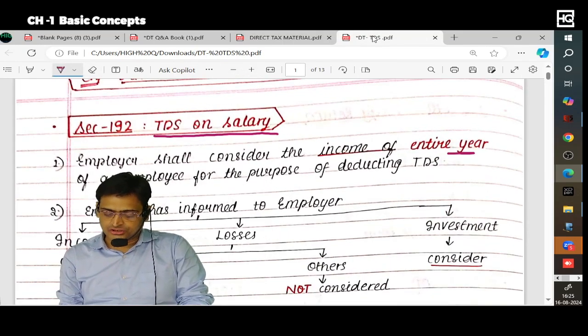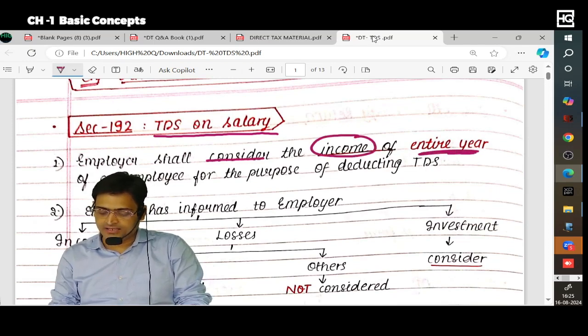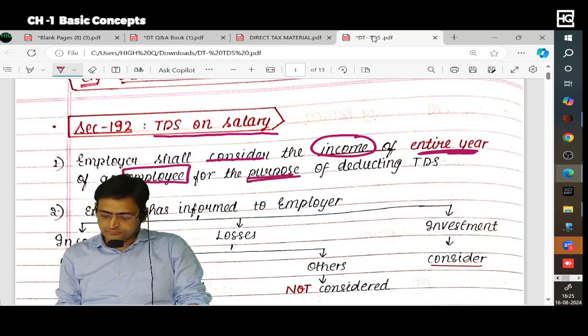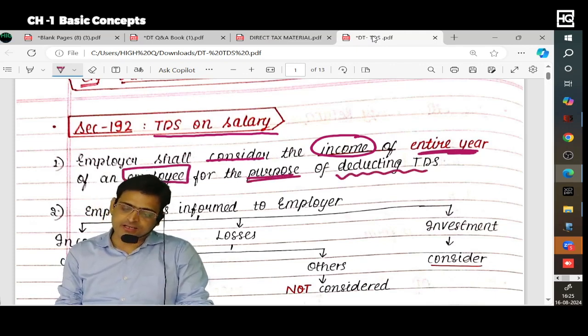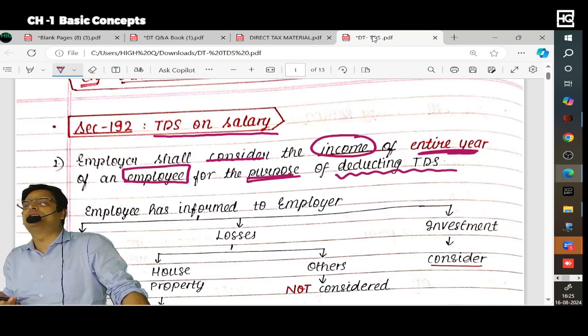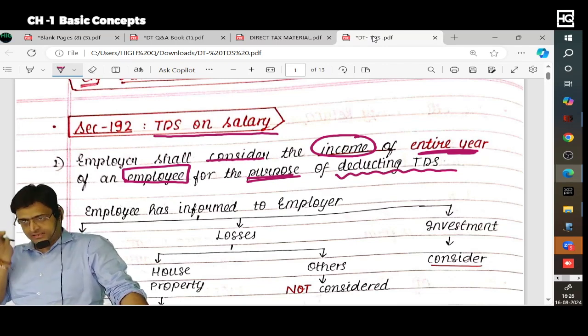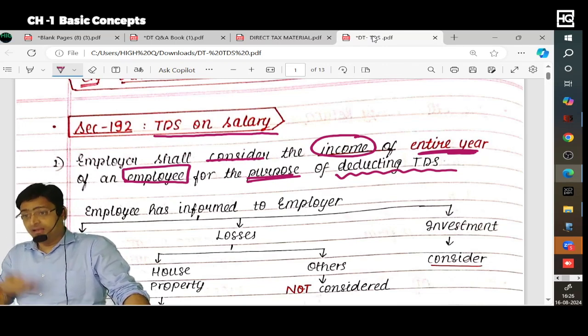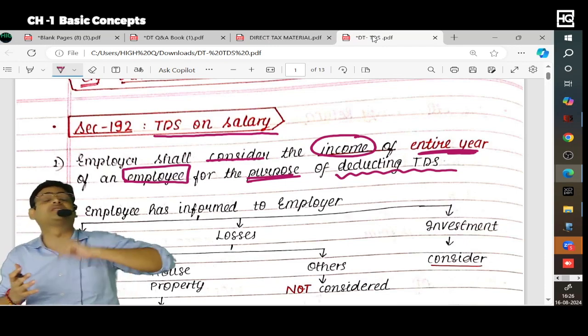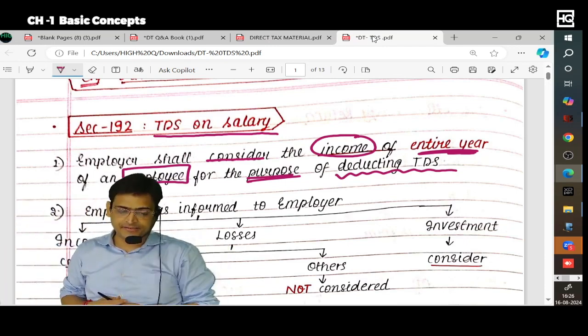Employer shall consider the income of the entire year of an employee for the purpose of deducting TDS. So you will consider the income of the entire year for the purpose of deducting TDS.